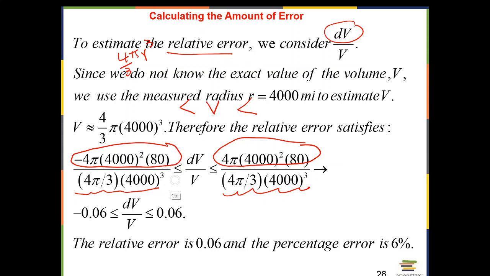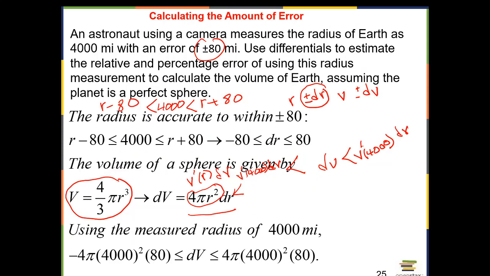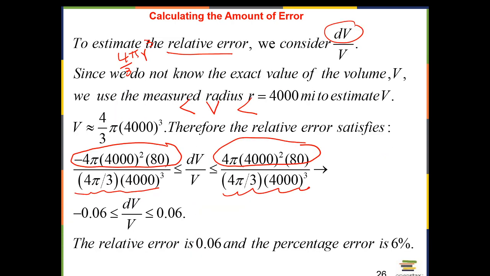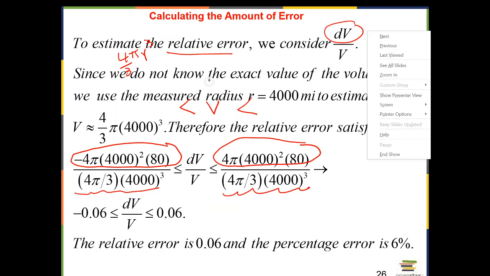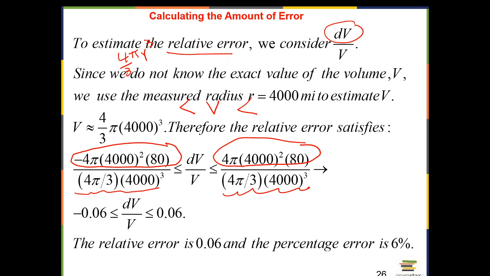So the relative error is 0.06, which we convert to percent, 6%. Notice that if the radius is off by that much, then the volume will be off by 6%. That's the idea of finding the amount of error given the input error.